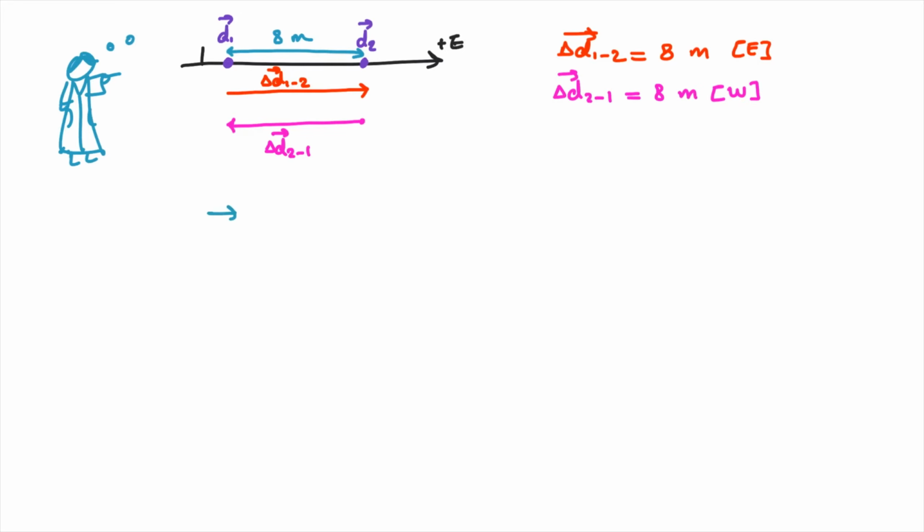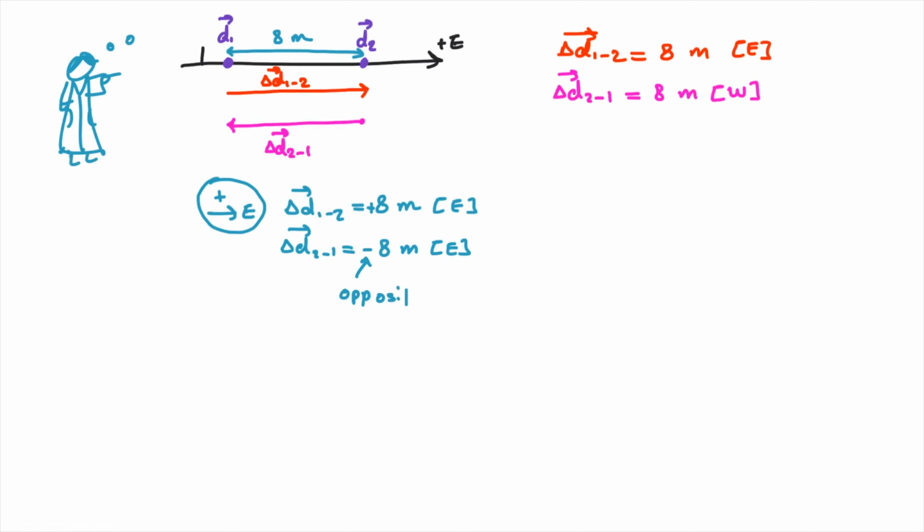Note that if east is defined as our positive sign convention, then the change in position from 1 to 2 is positive 8 meters in the east direction, and the change in position from 2 to 1 is negative 8 meters in the east direction, or alternatively 8 meters in the opposite direction of east.